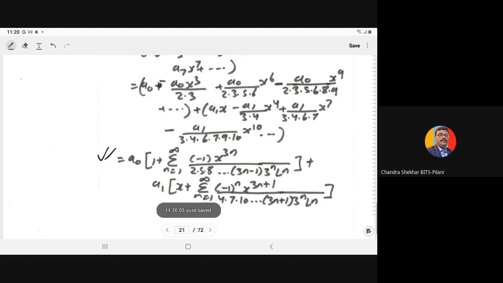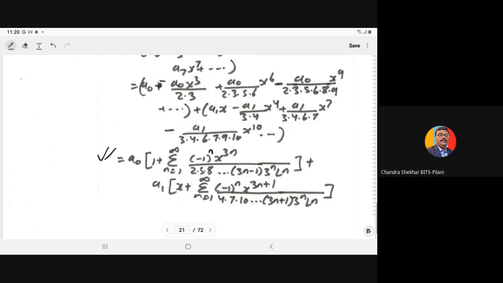Sometimes we write the summation form also. So a naught into 1 plus summation n is equal to 1 to infinity minus 1 to power n x to power 3n upon 2 into 5 into 8 into dash dash dash into 3n minus 1 into 3 to power n upon factorial n, plus a1 x plus summation n is equal to 1 to infinity minus 1 to power n x to power 3n plus 1 upon 4 into 7 into 10 dash dash dash into 3n plus 1 into 3 to power n upon factorial n.